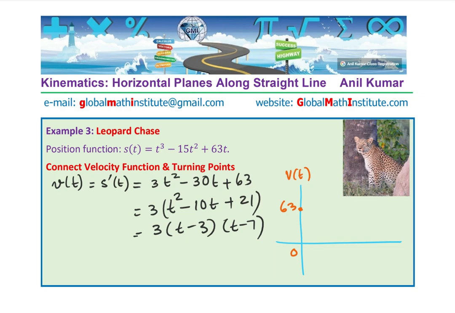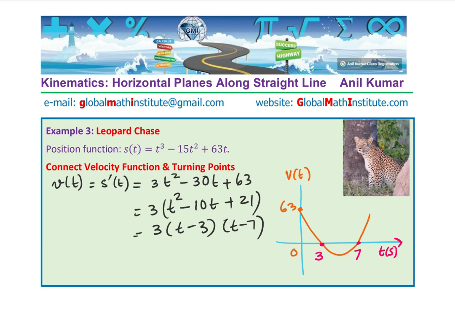So I'm just making an approximate graph here. So it will come down and hit and then go back, correct? Do you see that part? So from this equation, without doing much calculation, we figure out that velocity will be 0 at time 3 and at 7, correct? We are writing time in seconds, correct? So we get our graph.